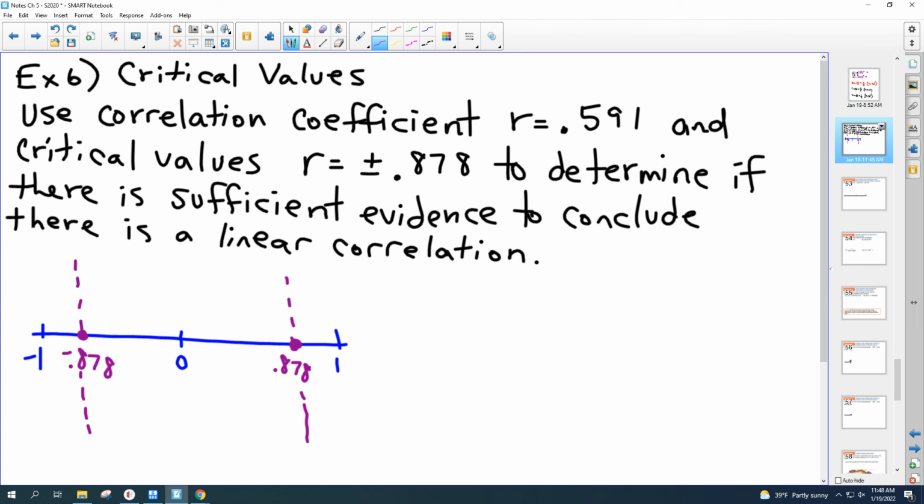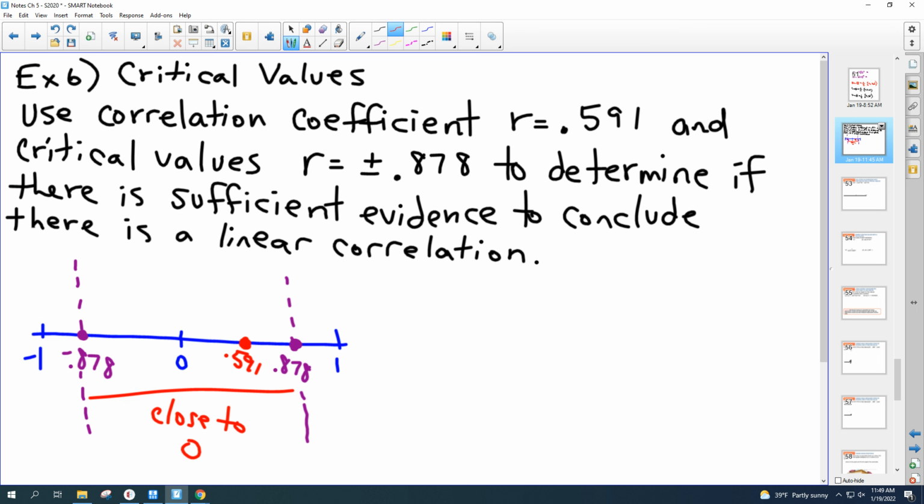And so not a good correlation. Anything outside that is going to be considered close to 1 or close to -1, and so therefore would be a good correlation. So really all we have to do is say, well, 0.591 is right here. And since that's inside, we're going to say that's close to 0. Numbers between the critical values are considered close to 0.